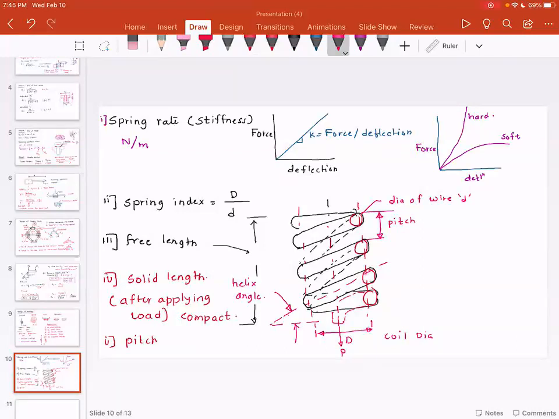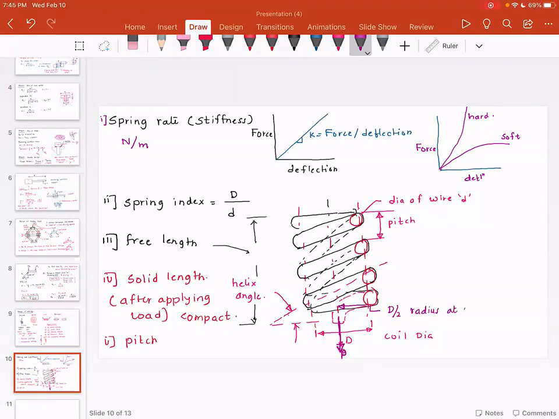So let's look at the amount of the loads that are coming. Consider that there is this external load P, and this load P is acting at the radius d by 2.